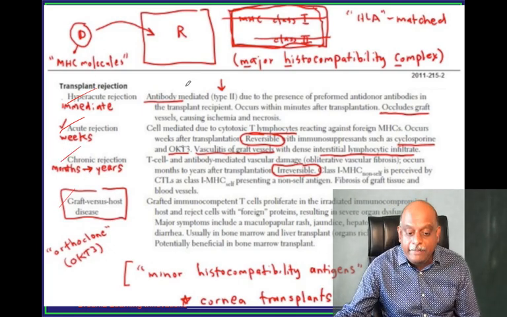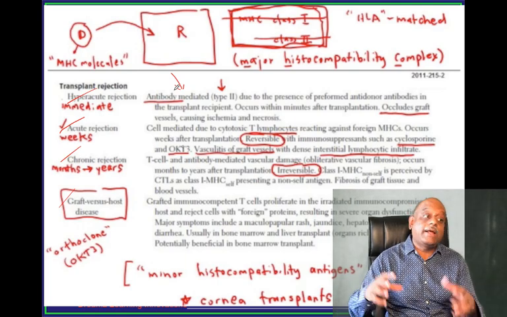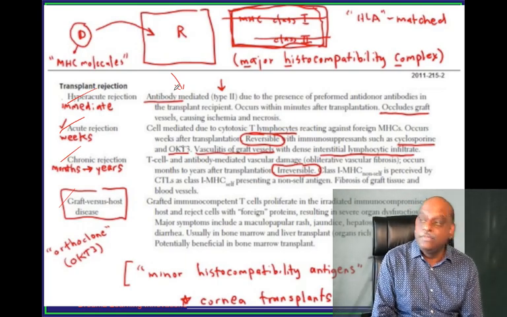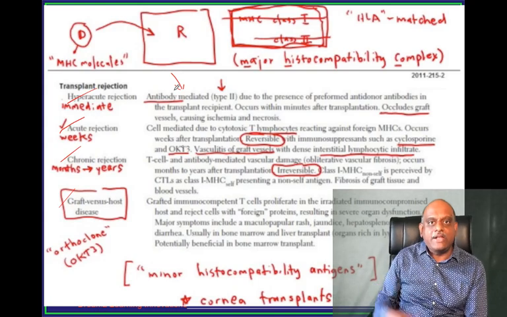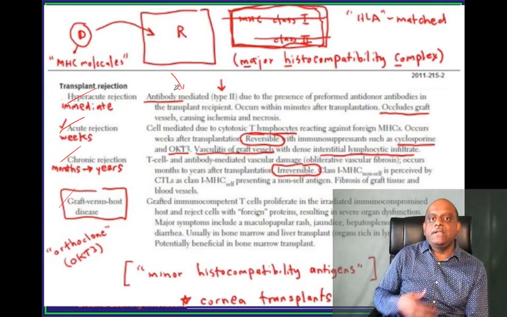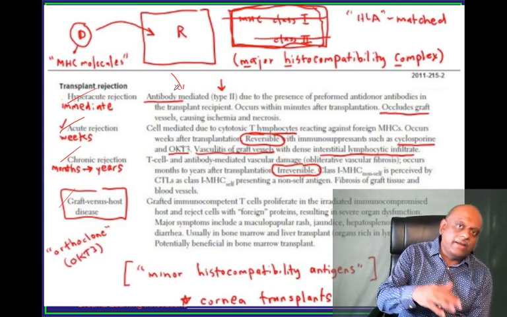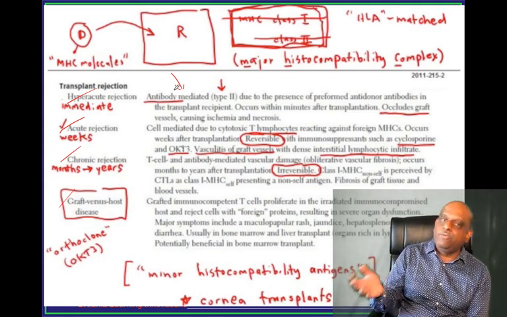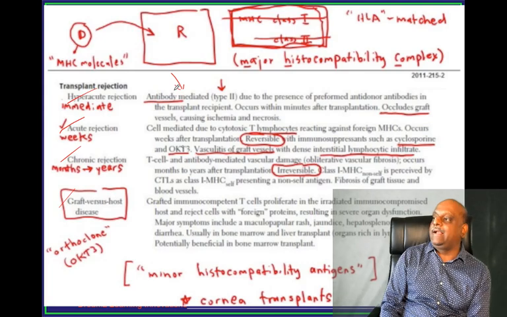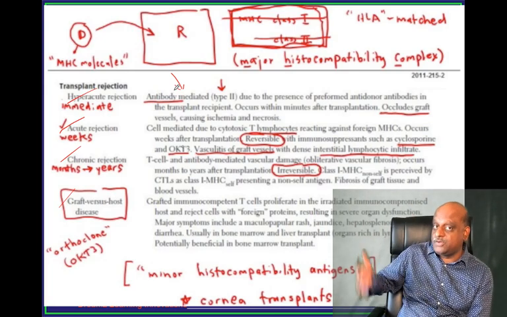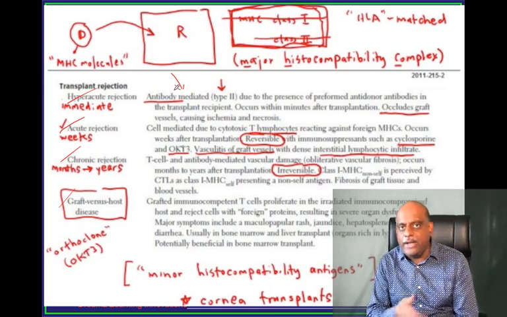Why do you get hyperacute reaction? Typically, before going to transplant, generally a renal failure patient undergoing renal transplant was receiving a lot of blood transfusions because chronic renal failure led to anemia.